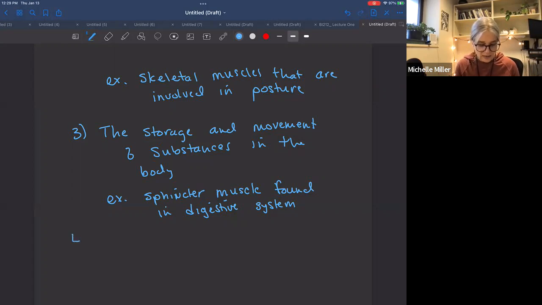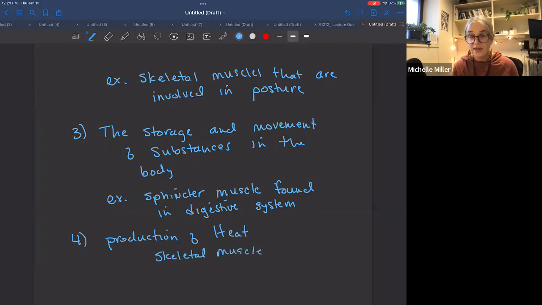Okay, and finally, we could have that it functions in the production of heat. This is primarily skeletal muscle that functions in shivering.